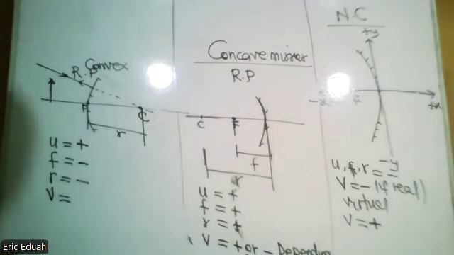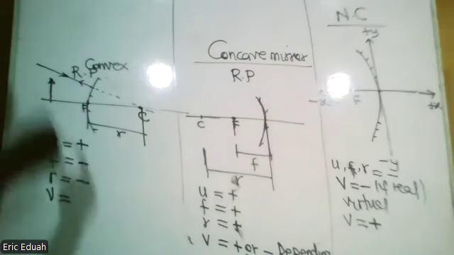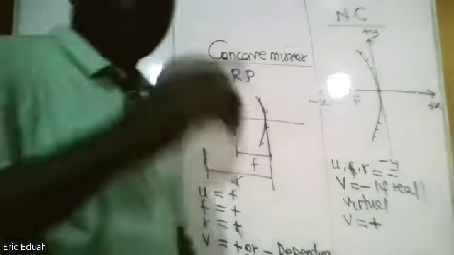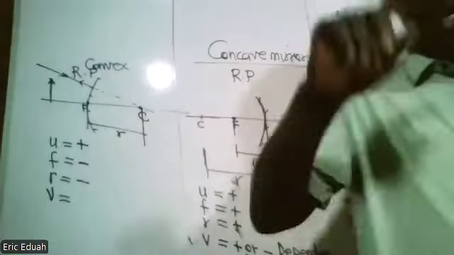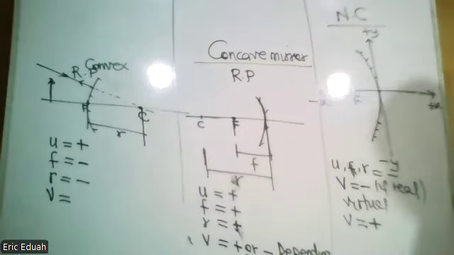Gabby, would V be positive or negative? The moment you delay, it means you have forgotten the basics we learned under convex and concave. Class, for convex and with RP, would V be positive or negative?